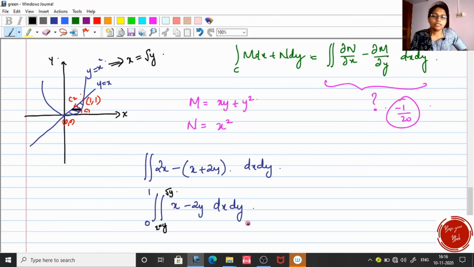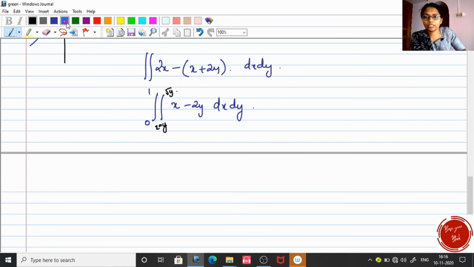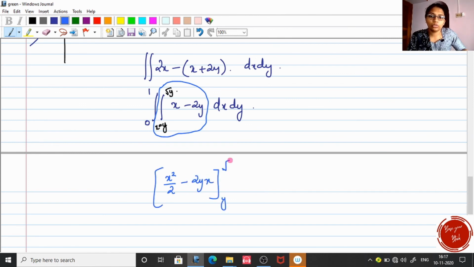Fine. So now let's do it. Let's do the inner integral first, that is this part. Okay, integral x minus 2y. Integral x is x square by 2 minus 2yx in the limit y to root y.